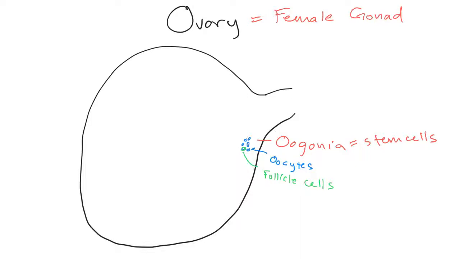A follicle is the follicle cells and the oocyte combined. So it starts out where you have all these very, very small follicles called primordial follicles.